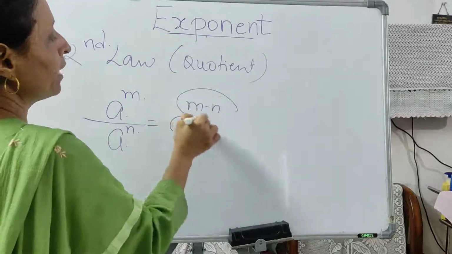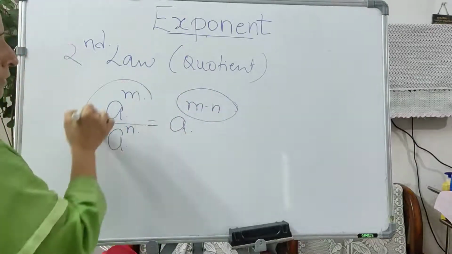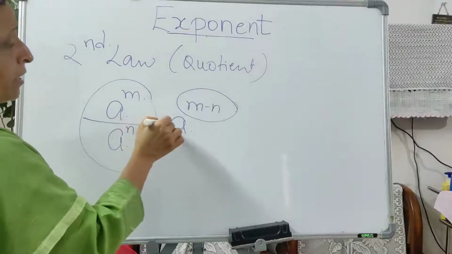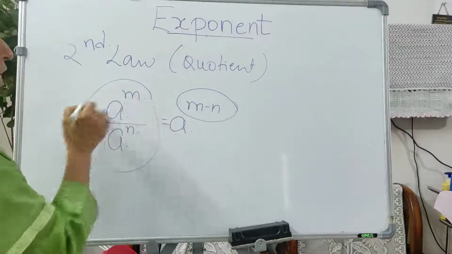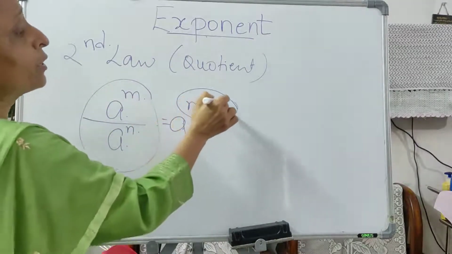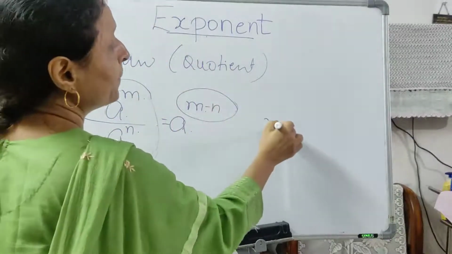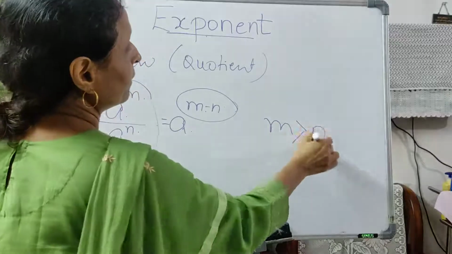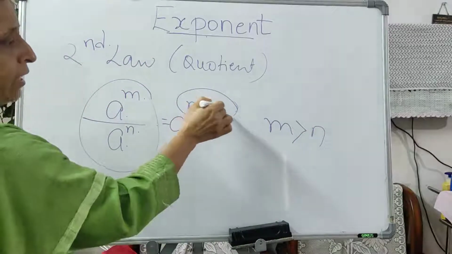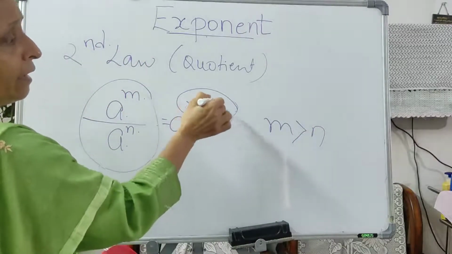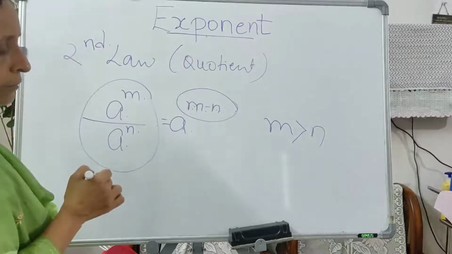The exponent can be subtracted when the exponential forms are divided. Now when m is greater than n, that is, the first one is greater than the second one.